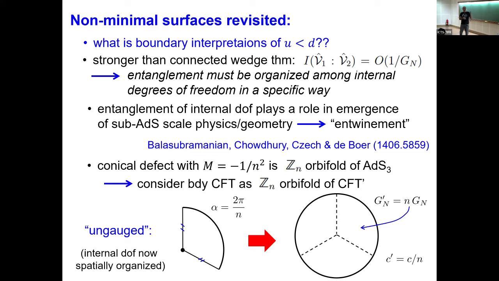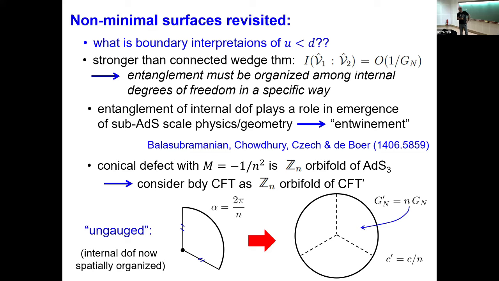It turns out that in this case, the conical defect is just a Z_n orbifold of the AdS space. I've actually cut out a huge portion of the AdS space to make the conical defect, but it's a very specific fraction of 2 pi, and so I can think of it as an orbifold.